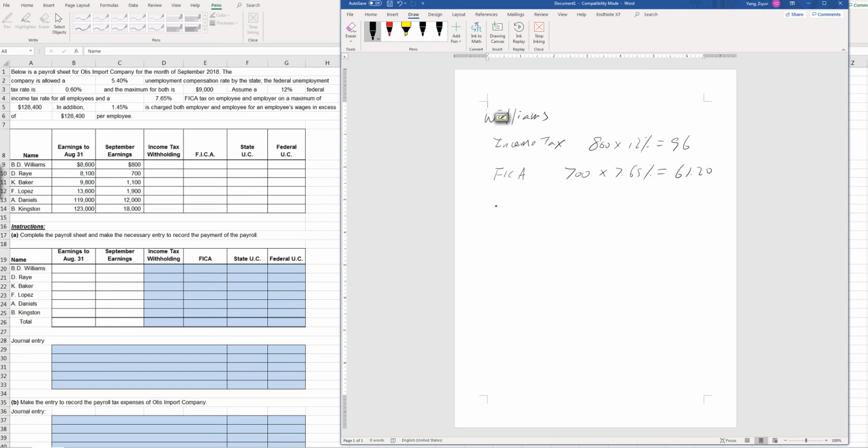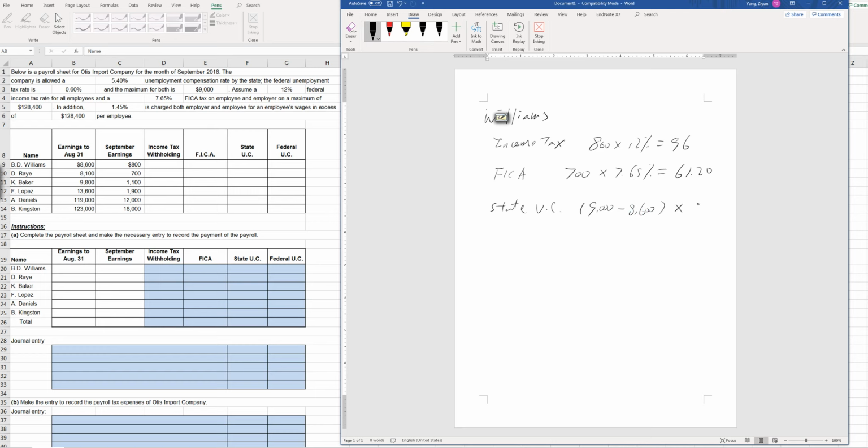Then we talk about unemployment compensation tax. If you look at Williams' compensation, it's pretty low. Until August, it's still below the $9,000 cap, which means we're going to still charge Williams employer unemployment tax until the accumulated compensation reaches $9,000. So for September, I'm going to charge $400 for unemployment tax.